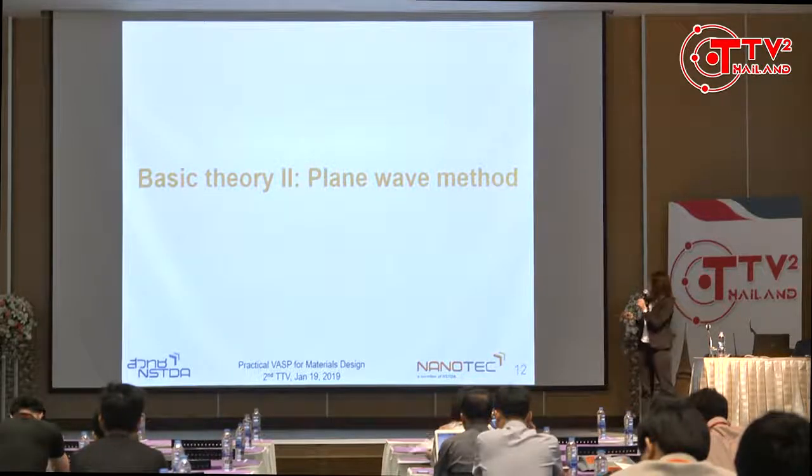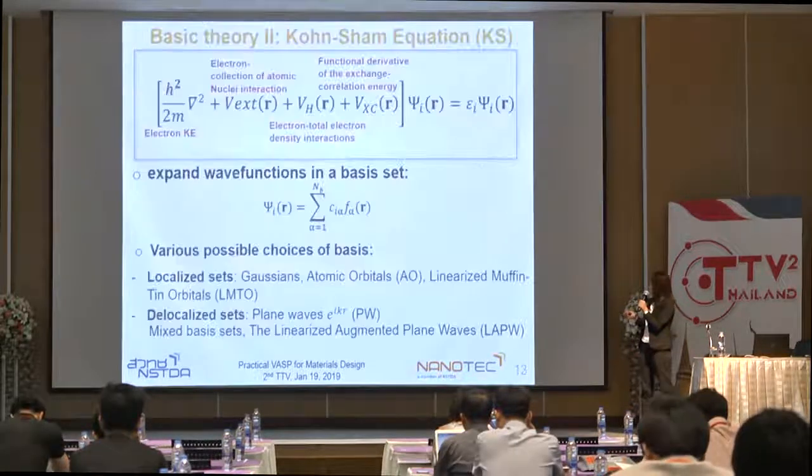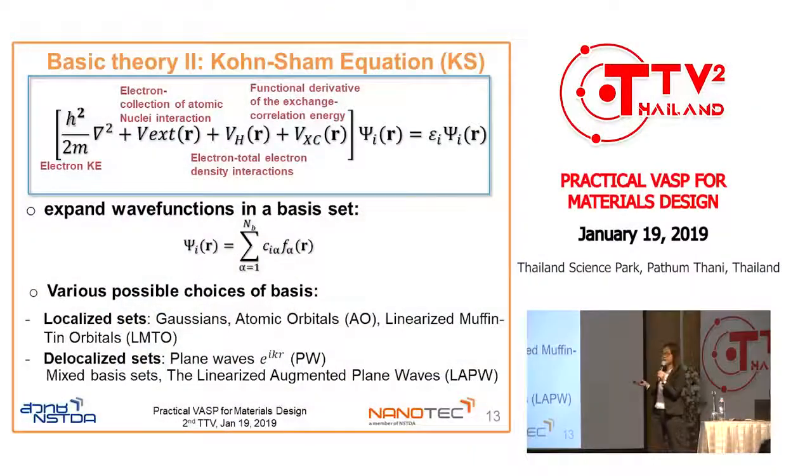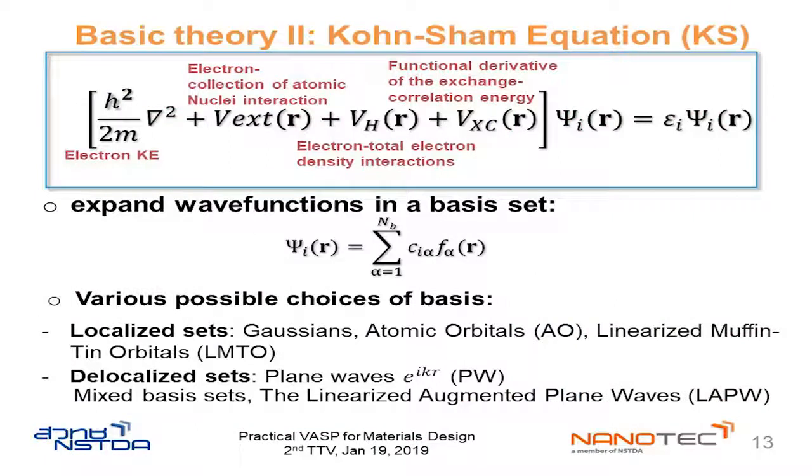And come to the plane wave method. You might have a question, what is the plane wave method? According to Dr. Pusna's session, she represented this Kohn-Sham equation. And for the basis set, the single electron wave function, we can expand the wave function in a basis set.